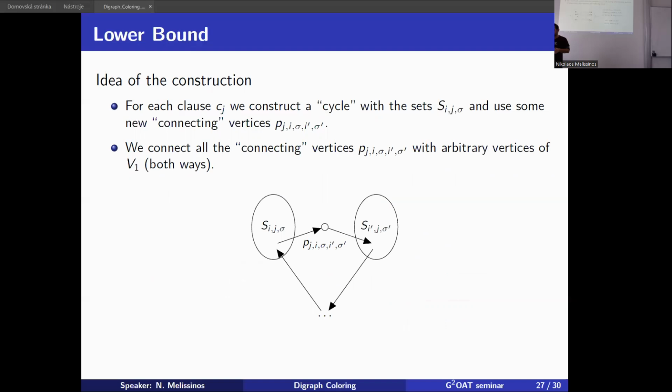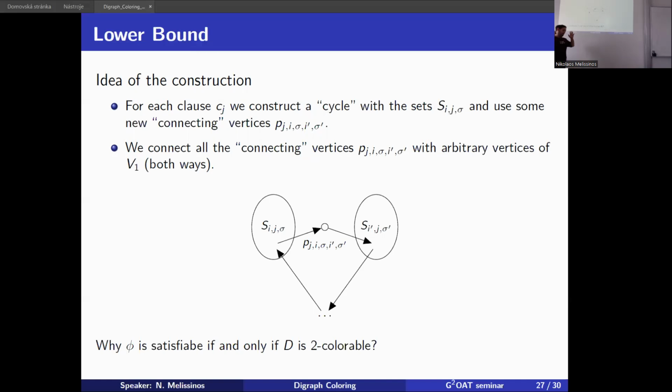We decide an ordering for those sets, and we use those new connector vertices, where every vertex of this set is connected to this one, and it continues. So this creates a path, a cycle. Now, the idea is that because we want to have a two coloring, we cannot have all of those sets the same color because we have a cycle.